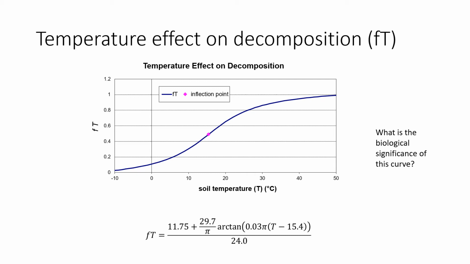The slopes of this function are much shallower at the lower temperatures and higher temperatures than in the middle. So that means the microbes, as represented in this model, respond quickly to temperature increases between 10 and 30 degrees Celsius.